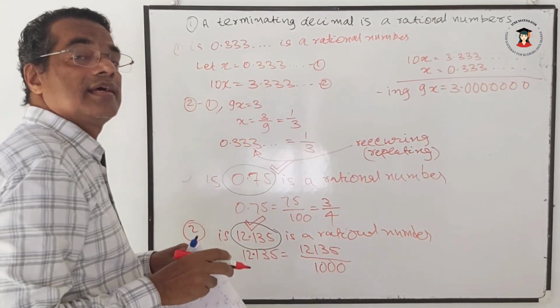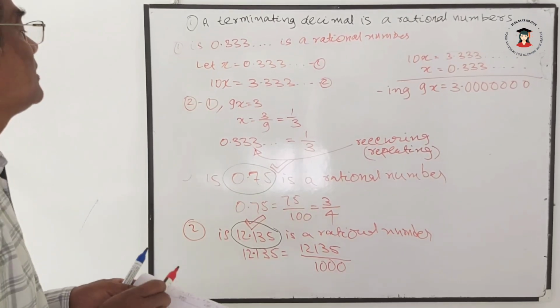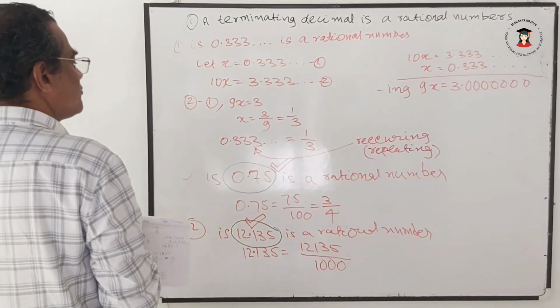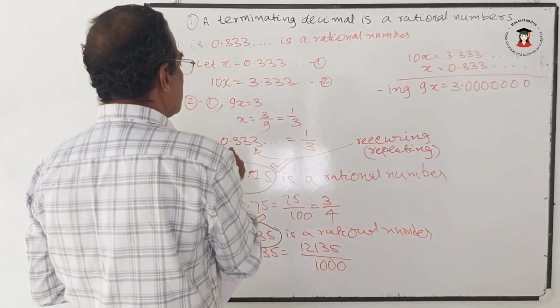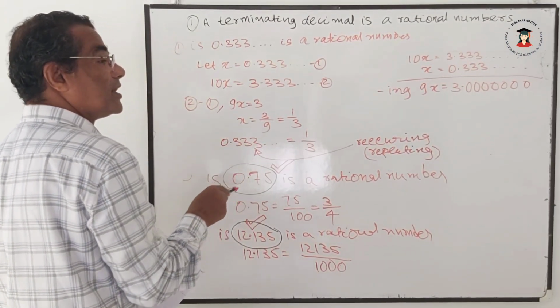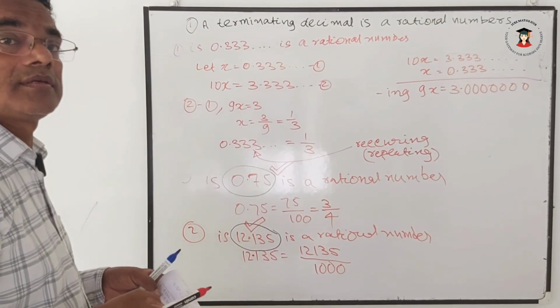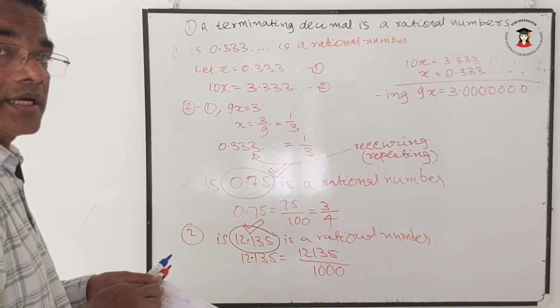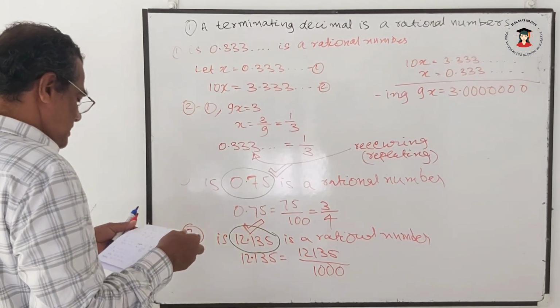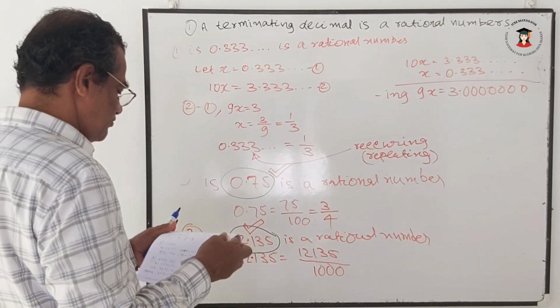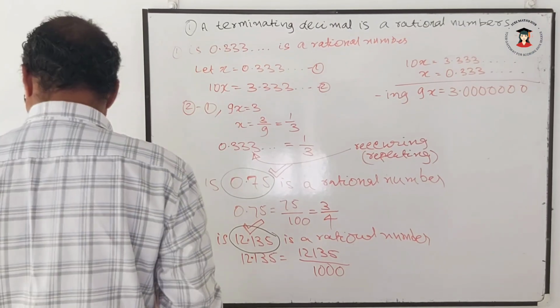The digits are repeated. So we found in this example that a non-terminating recurring decimal is a rational number. Let us see a few more examples.